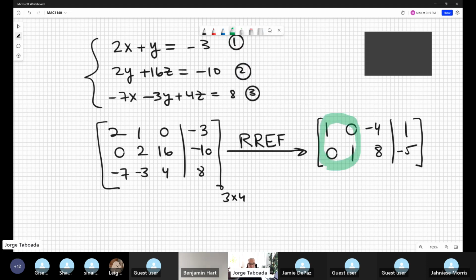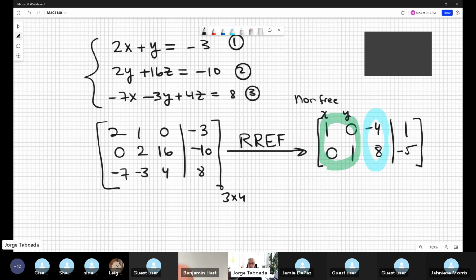And the variables that belong to the identity matrix are x and y. Okay, they're non-free. And the free one is the other column, the other block.